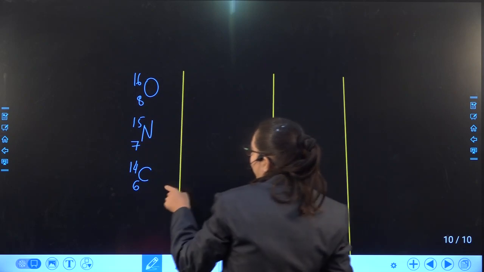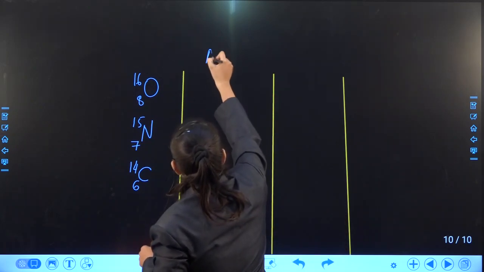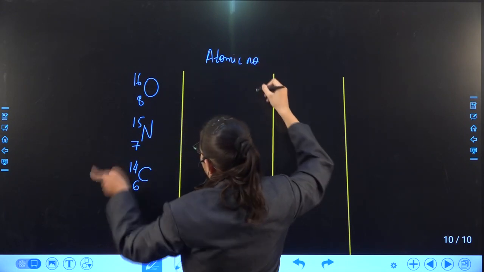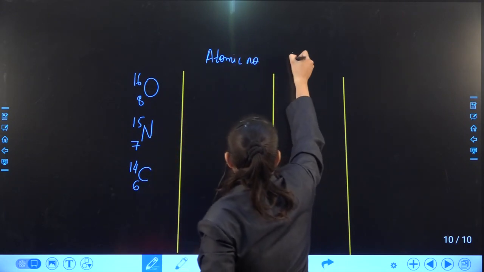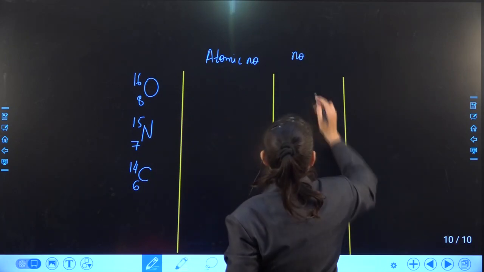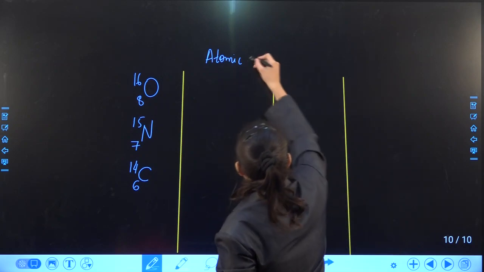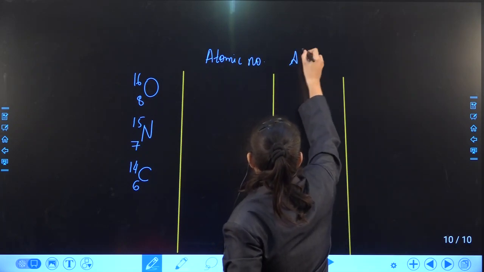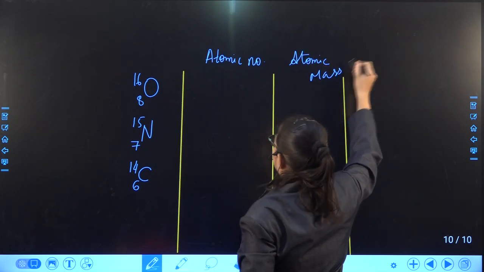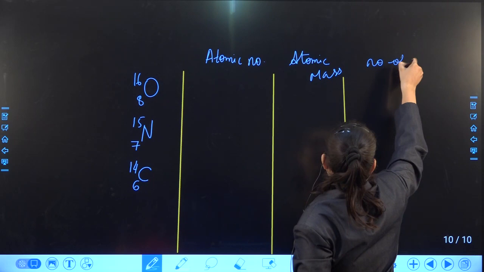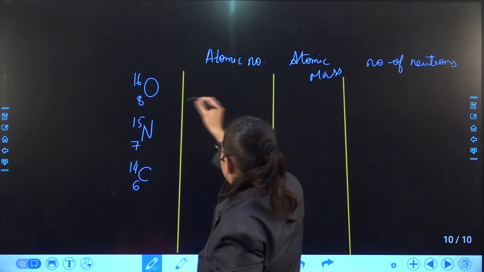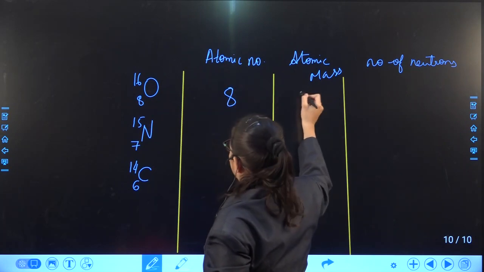If we write the atomic number, we will come to know the number of protons and electrons. Then the atomic mass, and the number of neutrons. Atomic number is 8, atomic mass is 16.